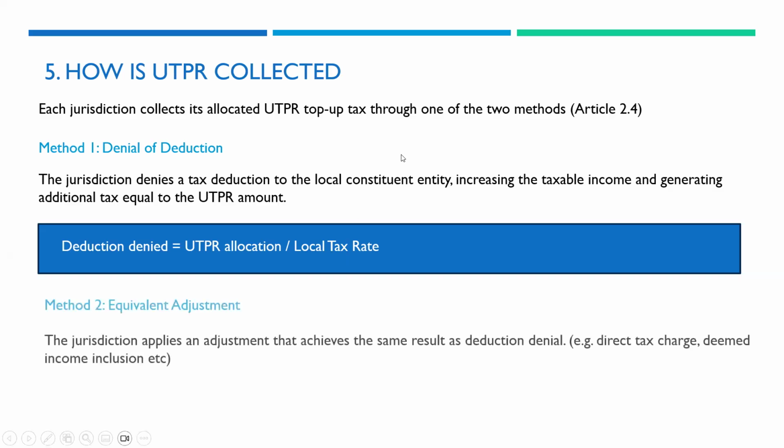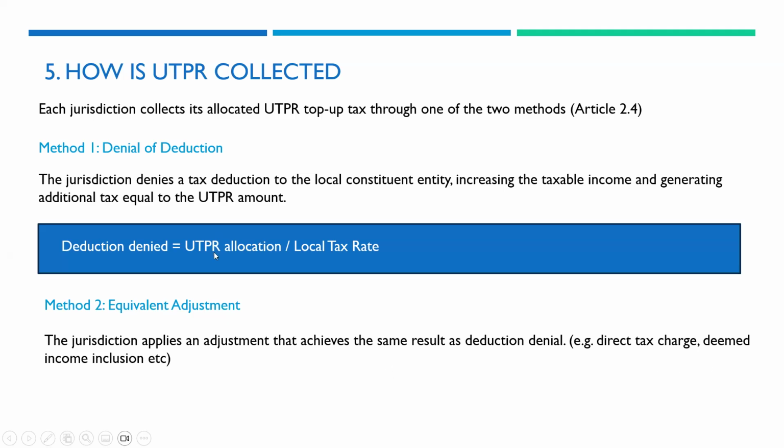The second method is an equivalent adjustment, which is basically the same. Some countries, instead of doing a deduction, because again there could be losses for that constituent entity, apply an adjustment that achieves the same result as deduction denial. For example, they will tax it as a direct tax. You have to pay UTPR, there would be a direct tax charge, or it would be treated as deemed income and included.